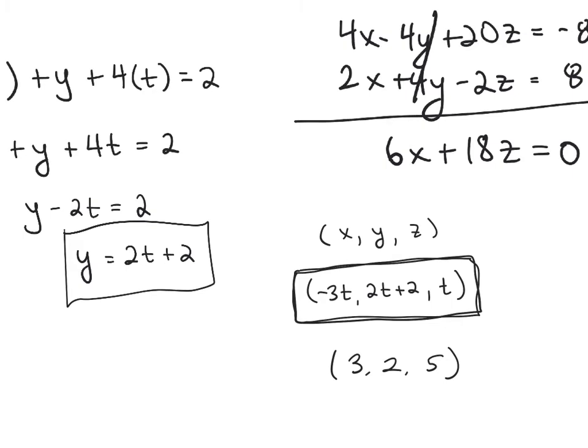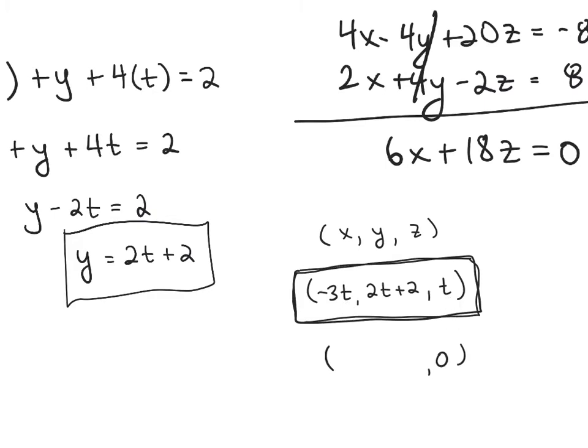3 comma 2 comma 5 would not solve this system of equations, but we can find ordered triples that would solve it using this parameterized solution by letting t equal different values. For example, if t was equal to 0, then we'd have a 0 on that side because t is equal to 0.